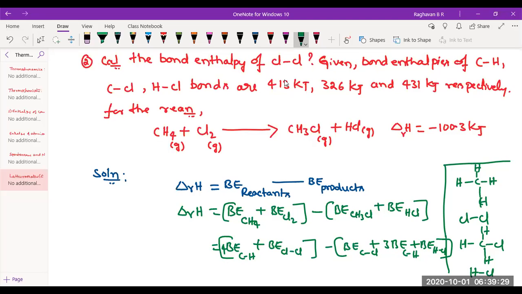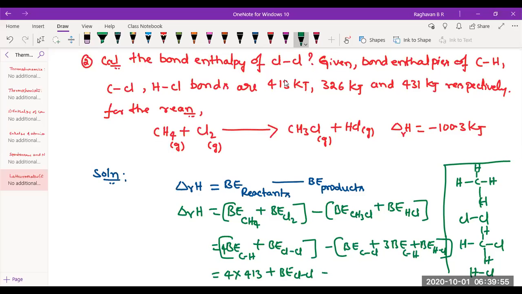Okay. So come on, go to the values now. 4 times bond enthalpy of C-H. C-H is 413 plus bond enthalpy of Cl-Cl bond is what we need to calculate. Minus bond enthalpy of C-Cl bond.